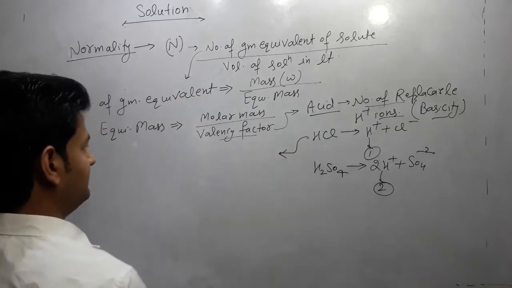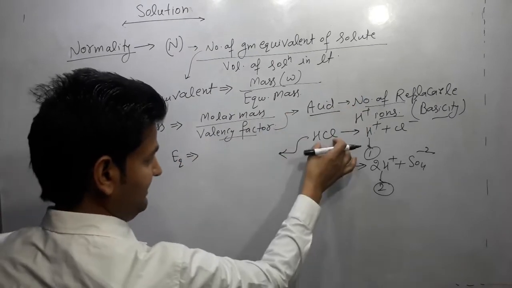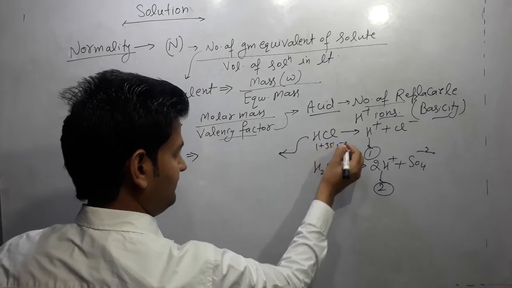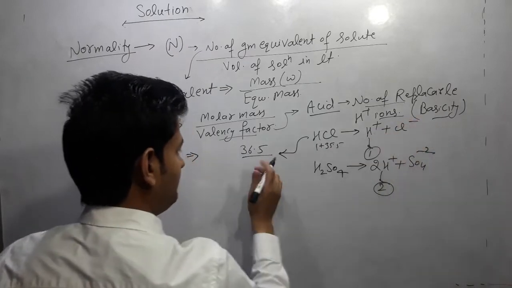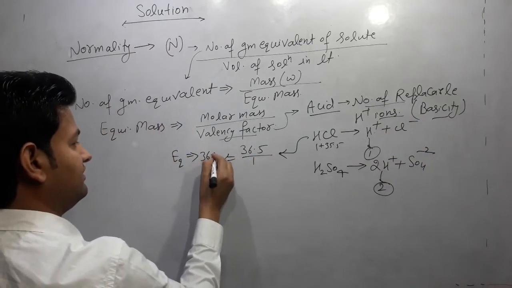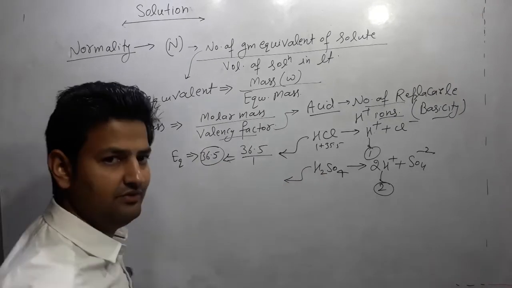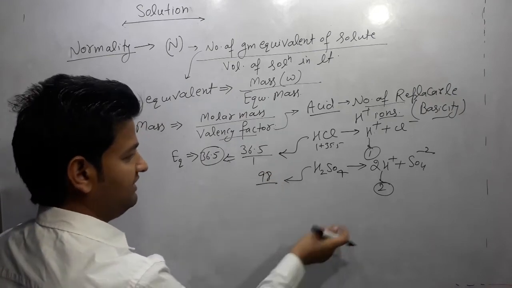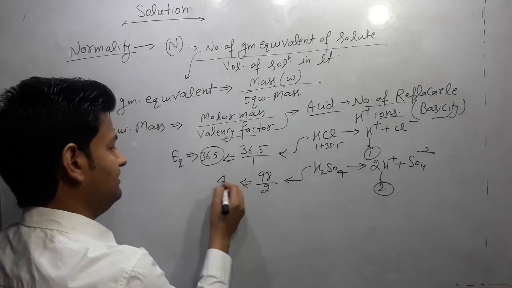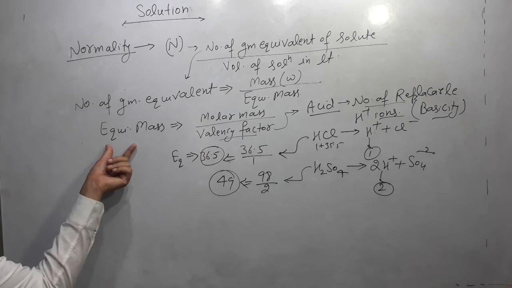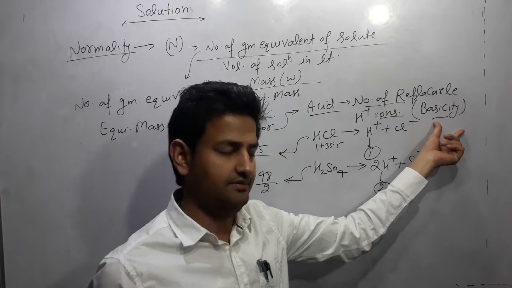For HCl, the molar mass is 1 plus 35.5, which is 36.5, and its basicity is 1, so its equivalent mass is 36.5. For sulfuric acid, the molecular mass is 98 and its basicity is 2, so its equivalent mass is 49. So we can easily find the equivalent mass of an acid by using its basicity.